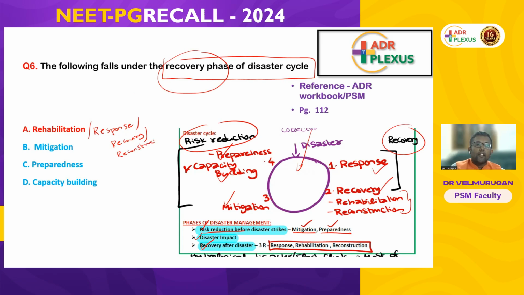Everything falls under the recovery phase. So mitigation, preparedness, capacity building come under the risk reduction phase of the disaster cycle.